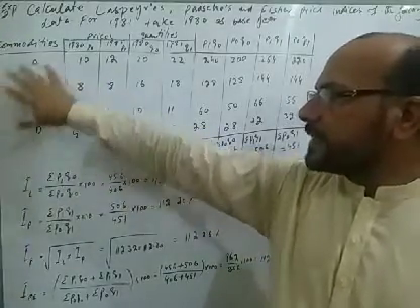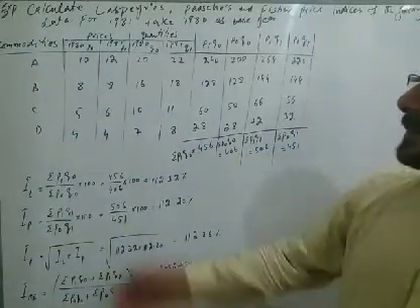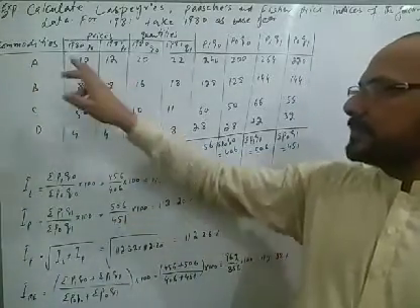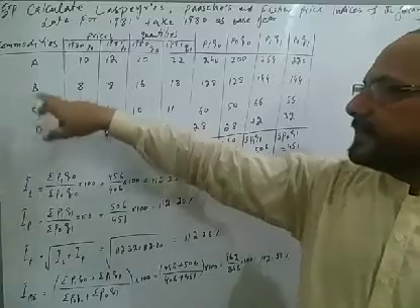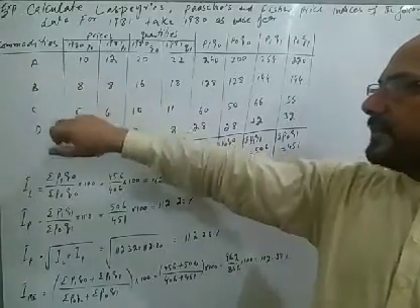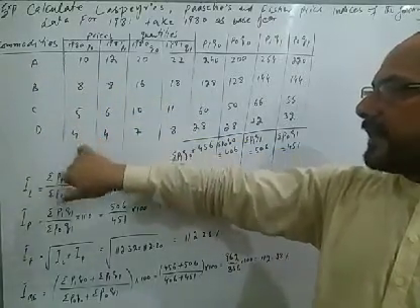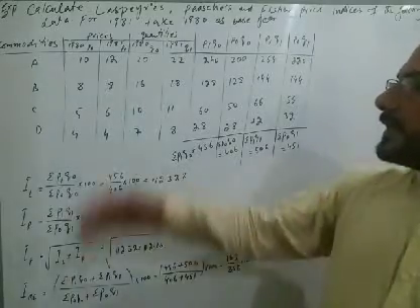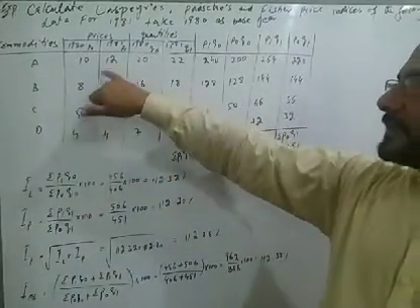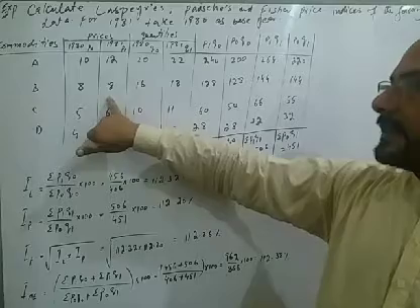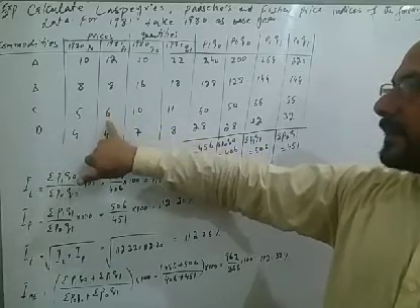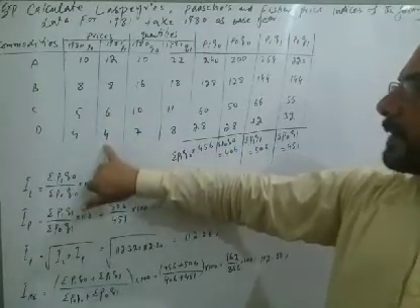Four commodities are given, A, B, C, D, and their prices are given in two years. In 1980, the prices of commodities are 10, 8, 5, and 4. In 1981, the price increased to 12, then 8 remains the same, this becomes 6, and this remains the same.